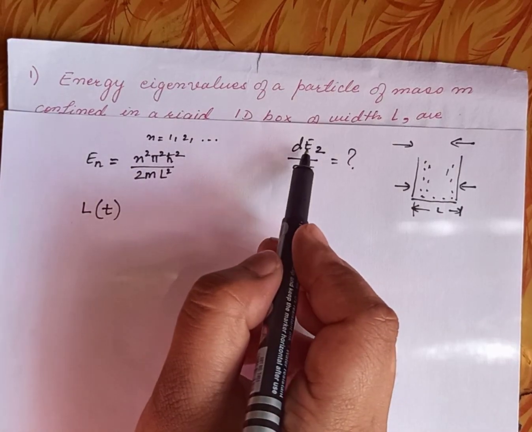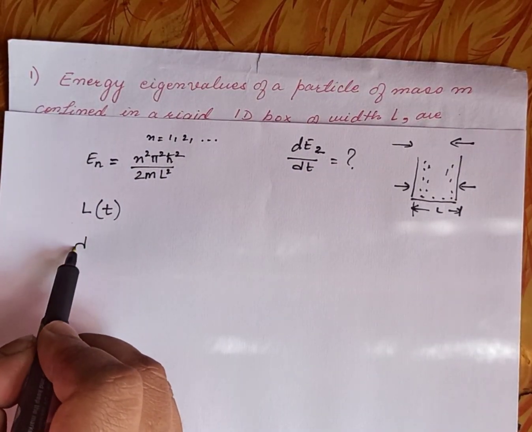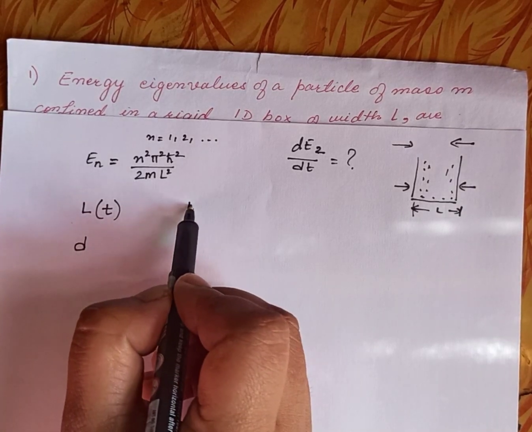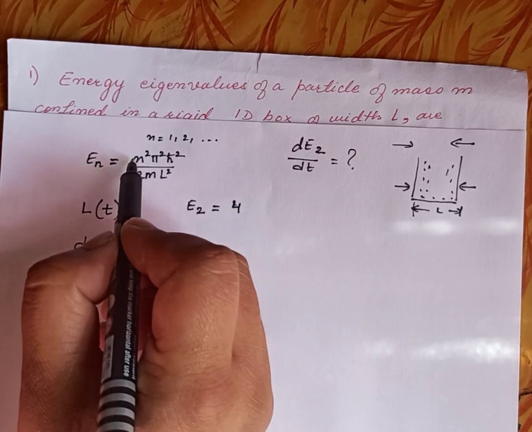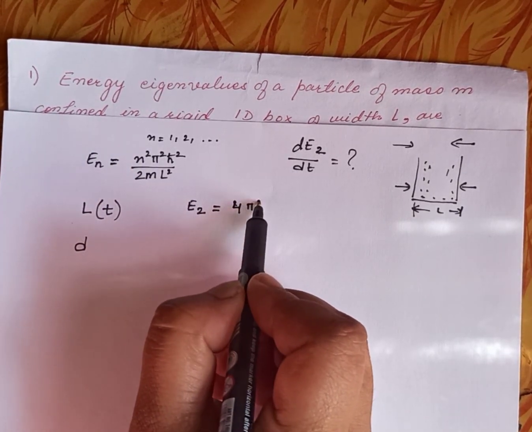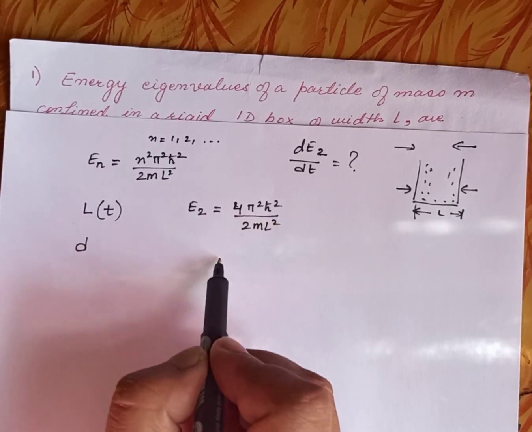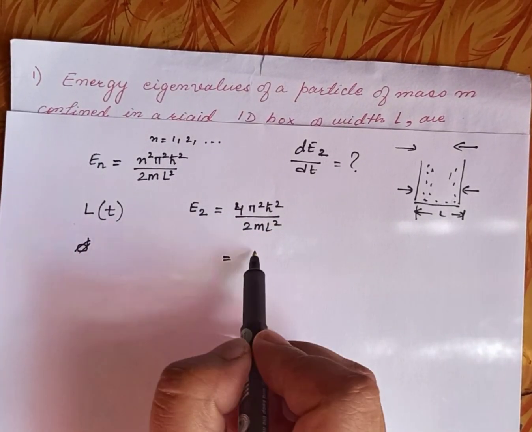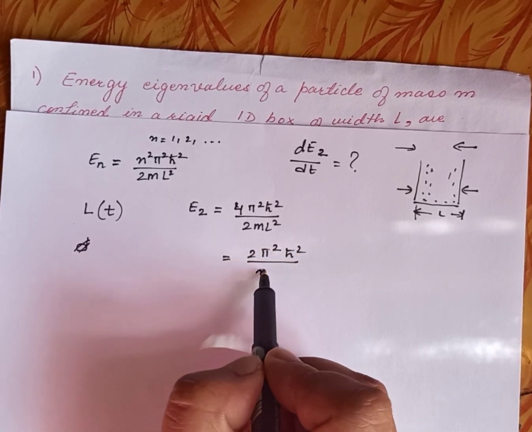So we need to find dE2 by dt. How do we find that? First we find E2, which is given by 2 square, so it is 4 pi square h cut square by twice m L square, which is equal to twice pi square h cut square by m L square.